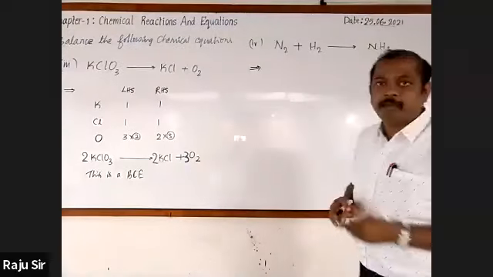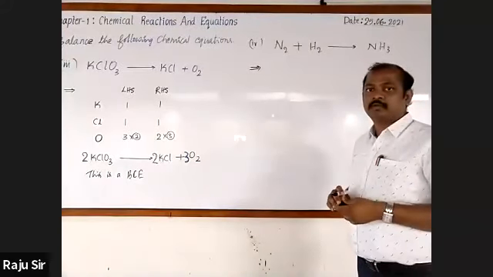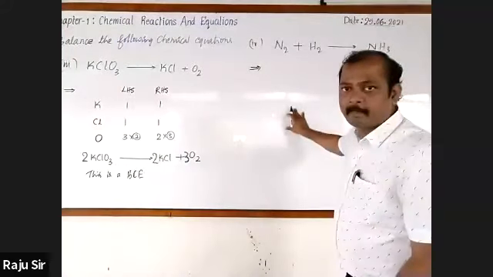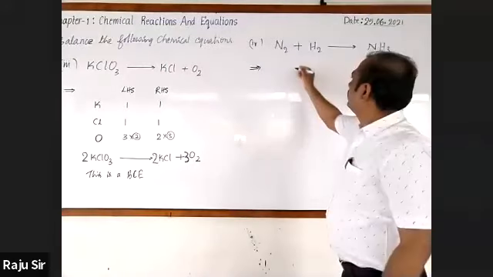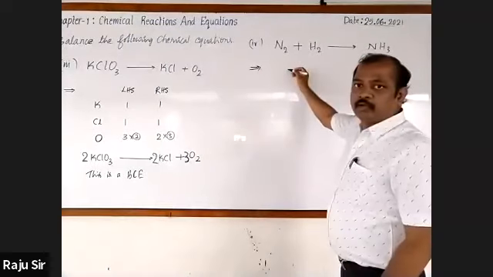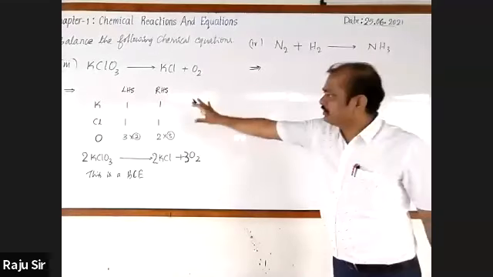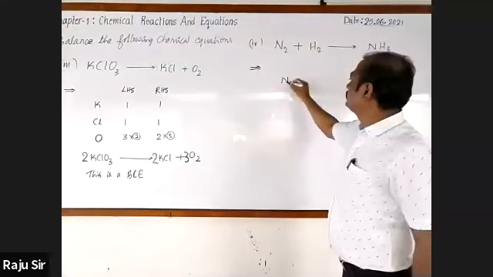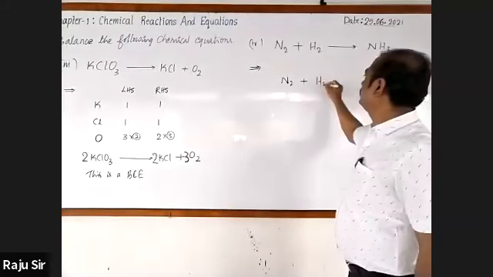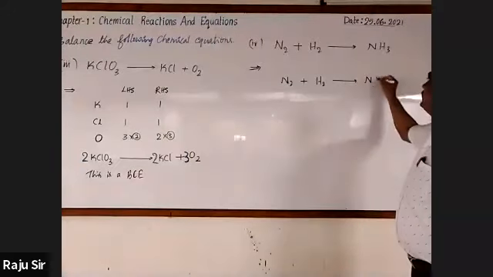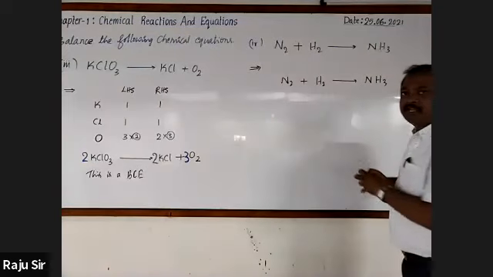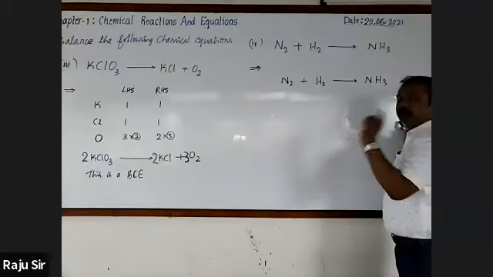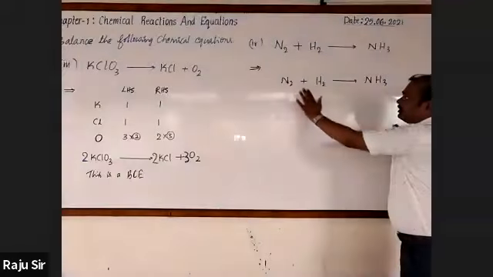Let us go for balancing. Observe. Directly I will go for writing. N2 plus H2 gives rise to NH3. N2 plus 3H2 gives rise to 2NH3.